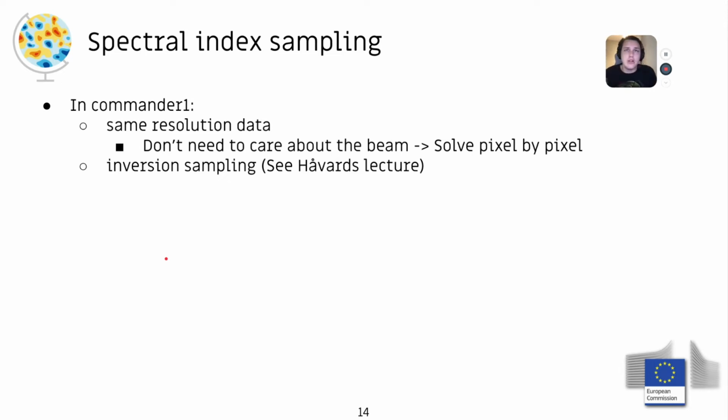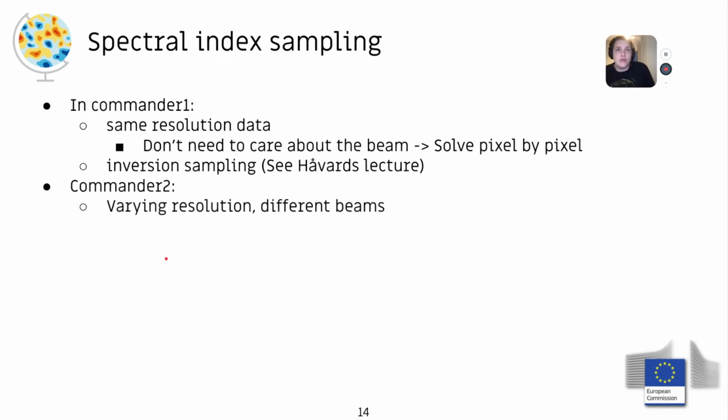But this also means that if we have data sets that have really high resolution for one part of the data set, and another observation that is very low, we need to downscale the high resolution data to match the weakest link, sort of. So Håvard Ile also talked about this sort of sampling technique in his lectures. Next, in the second version of Commander, we introduced varying resolution.